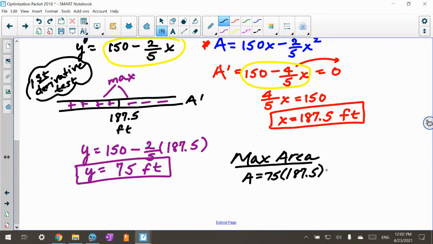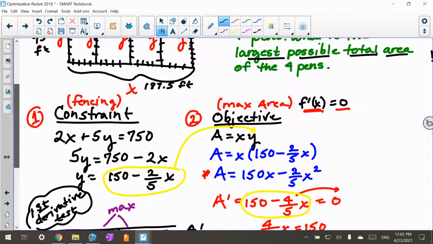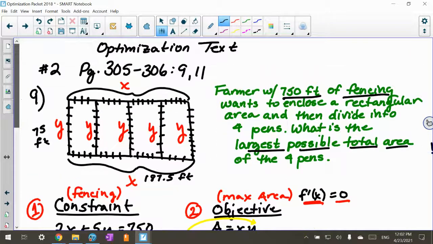They're both in feet. So I'm going to get 14,062.5 square feet. And that is the max area. So that is number 9 in our book, and I hope that helps you with our optimization.